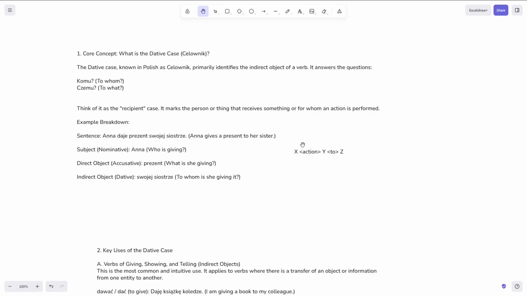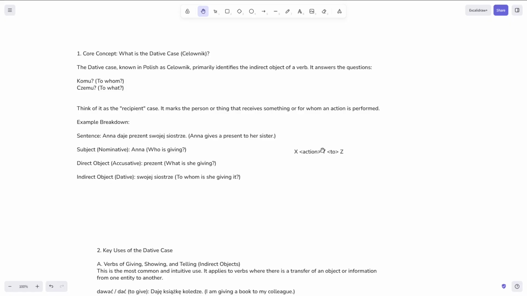Gives a present. Yes, so Y would be the present. And it is in the accusative case, okay? We have not covered the accusative case yet, but I have mentioned it in the previous video, okay? So Y is the direct object. X, action, Y. Y, direct object in accusative case.